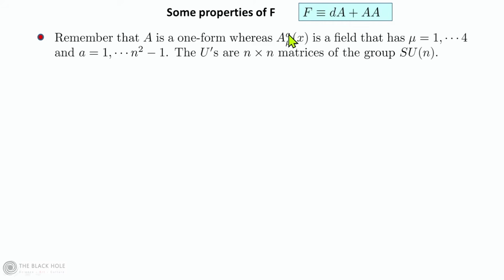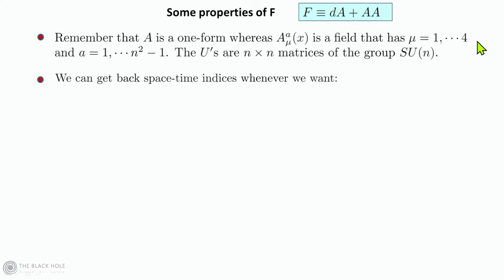So this is the group index a. And this a, if it's an SU(N) matrix, it will go from 1 up till N squared minus 1. So for QCD, where you have SU(3) invariance, a goes from 1 up till 8. There are, remember, 8 gluons, so this is exactly QCD.